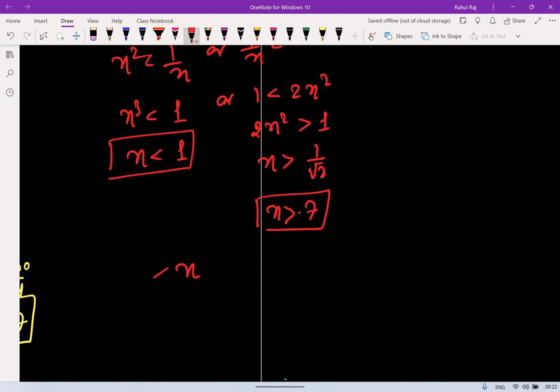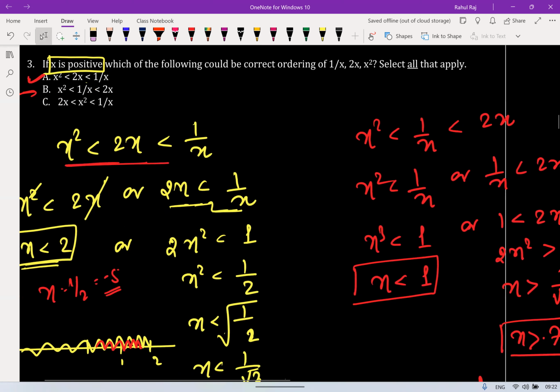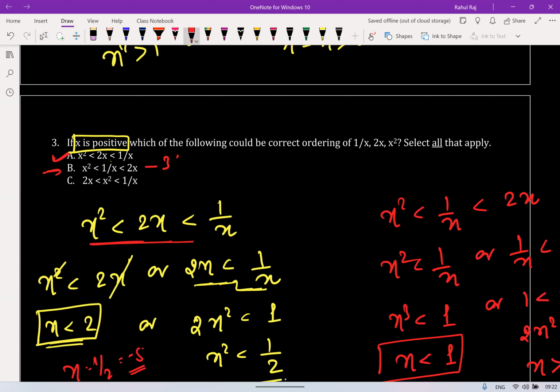It means, can I say the common value of x lies between 0.7 and 1? So if you put x equal to 3 by 4, which is 0.75, this order will suffice. So you will consider option B also in your answer.